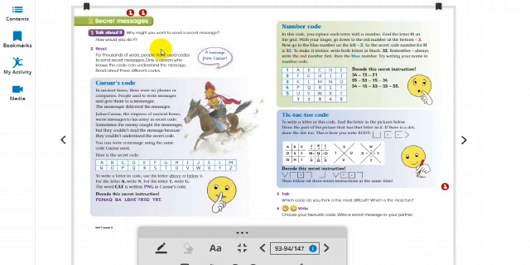Now, secret messages have not come today. It's been going on for a very long time, when there were kings and queens, to talk something in secret. I think if you watch movies, you might have seen the eagles.